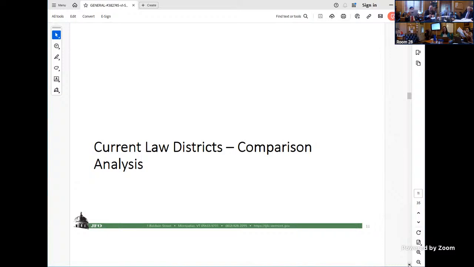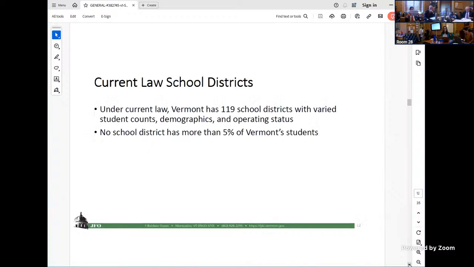And these are all configurations that the chair asked me to include. So current law districts, we know there are 119 school districts under current law that have really varied student counts, demographics, operating status. No school district has more than 5% of Vermont students.